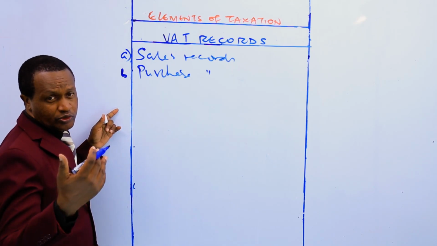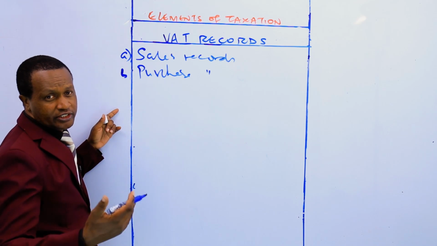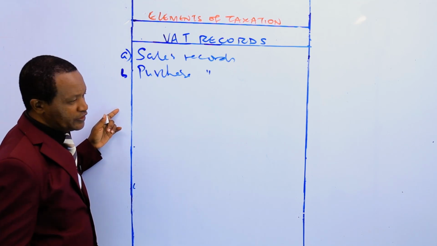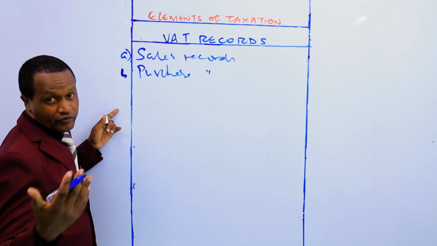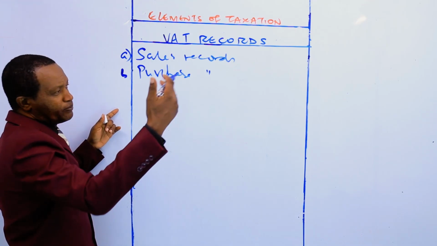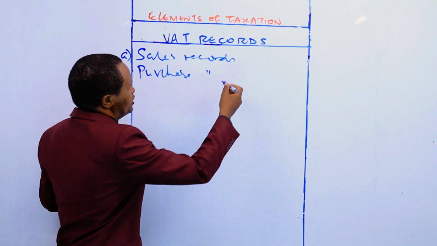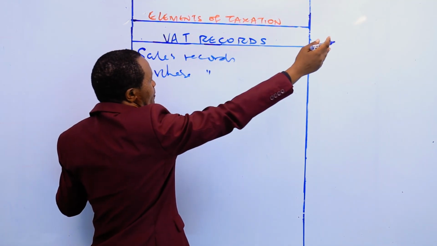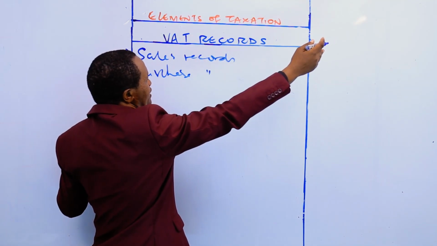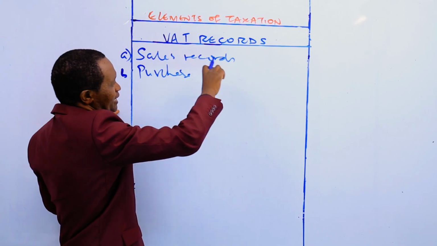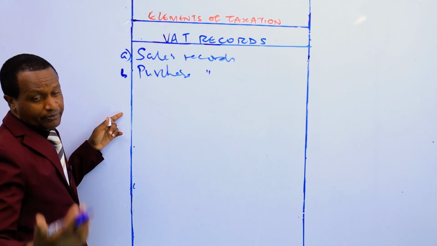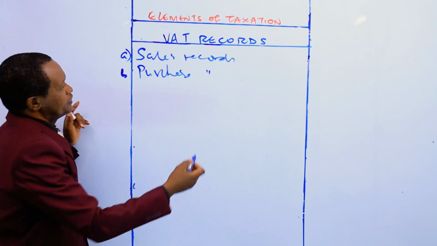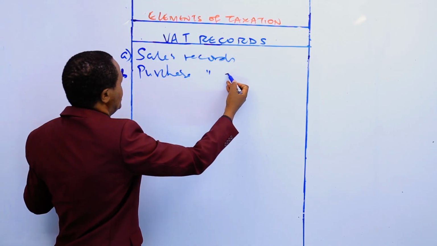Then we also have copies of customs entries and receipts for payment of import VAT. Under purchase records, one also needs to have copies of credit notes and debit notes received from suppliers. We mentioned debit notes and credit notes that are issued to the vendors, but we also have those from the suppliers. The copies of debit notes and credit notes ought to be kept. So we have sales records, we have purchase records.